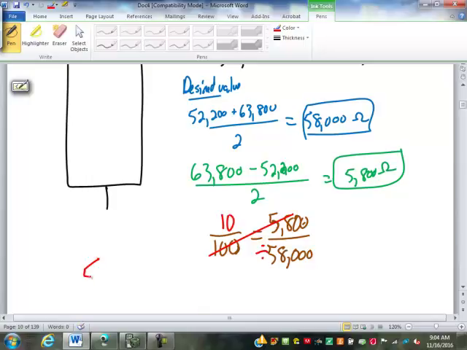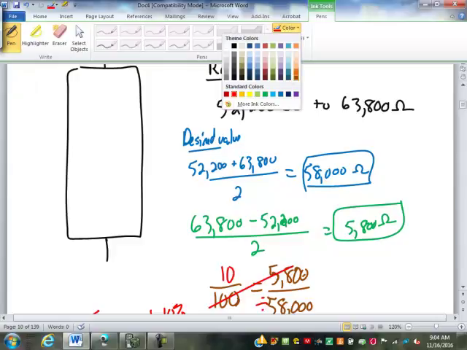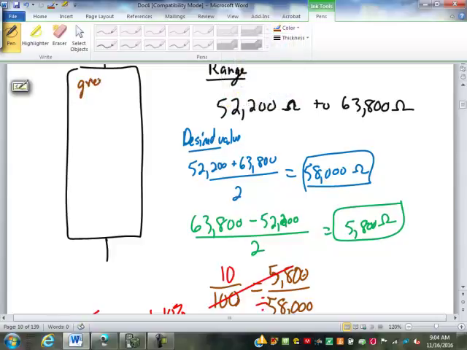So this is 58,000 ohms plus or minus 10%. So we would color code a 5, which is green, an 8, which is gray, 1,000 has 3 zeros, that's orange, and 10% is silver.